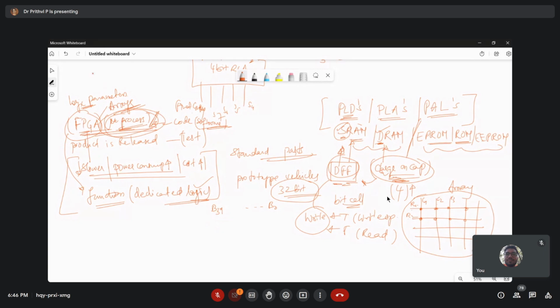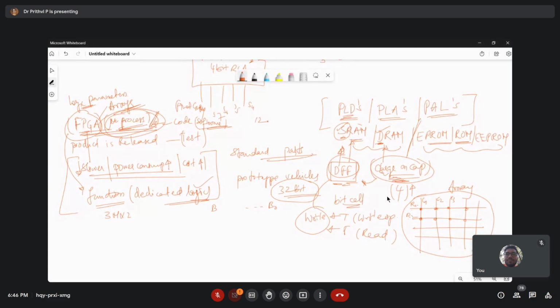It depends on how many array bits you have. Say I want to implement 3M into 2, 3 million words into 2. You know this calculation? Say I have 12 input pins.